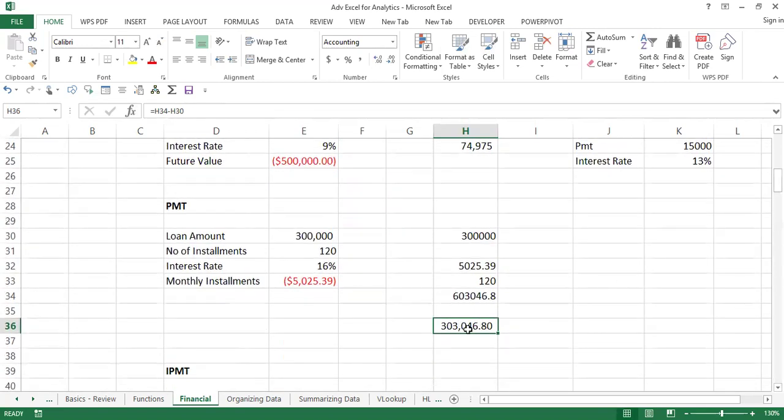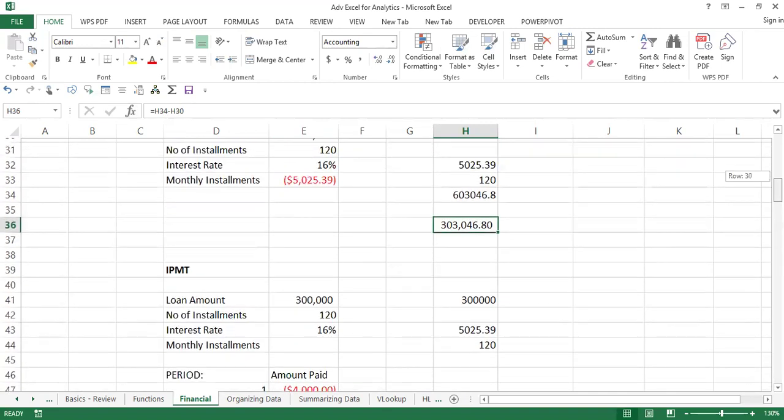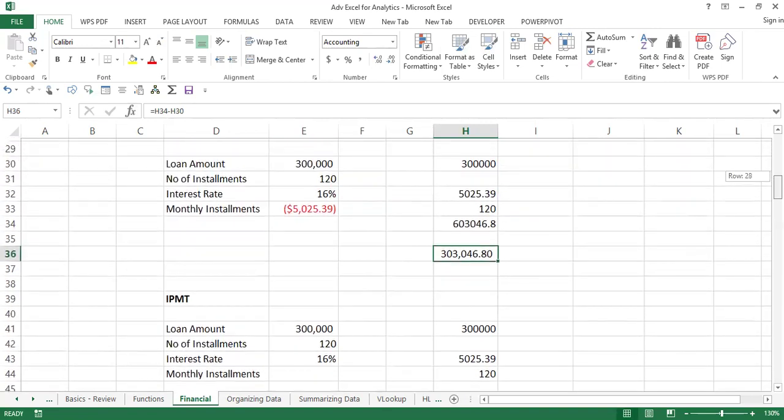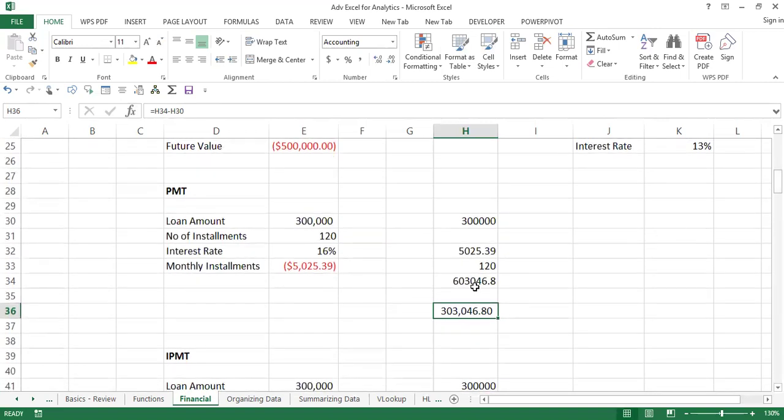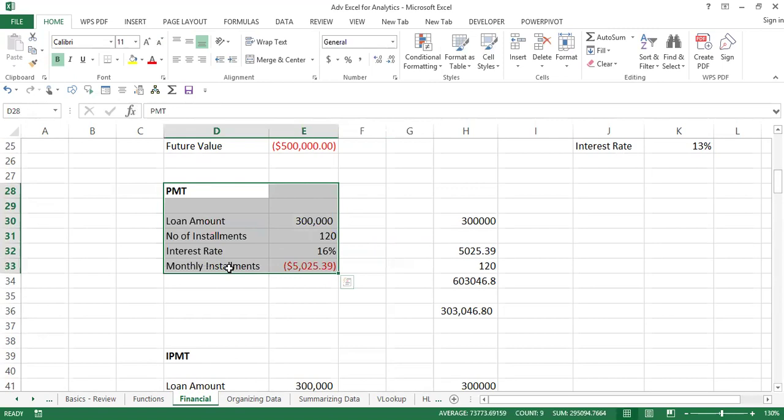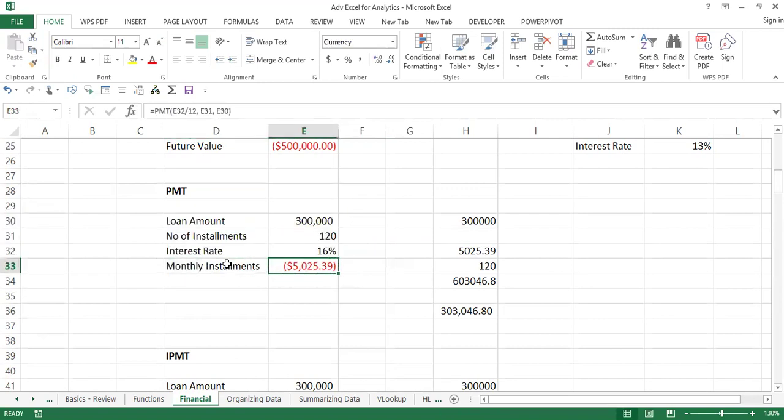Okay, I get it now, it's correct, it's in order. When we were calculating payments, we said the monthly payment, if it's shared into fixed payments, this is the amount.